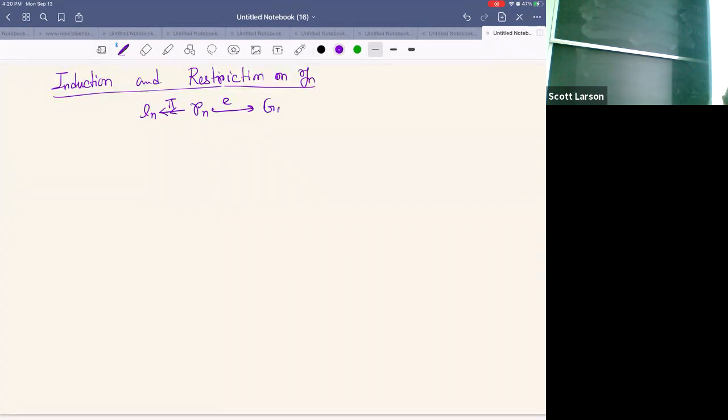Let me first show you the similar diagram, and then I will say something about it. This is the diagram I want to use, and for the diagram to make sense, I need some condition on the parabolic and the Levi. I need the image of chi to be contained in my Levi and the parabolic, just so that the grading makes sense. All the maps are the same as the way I defined them in the non-graded setup, so I'm not defining them again.